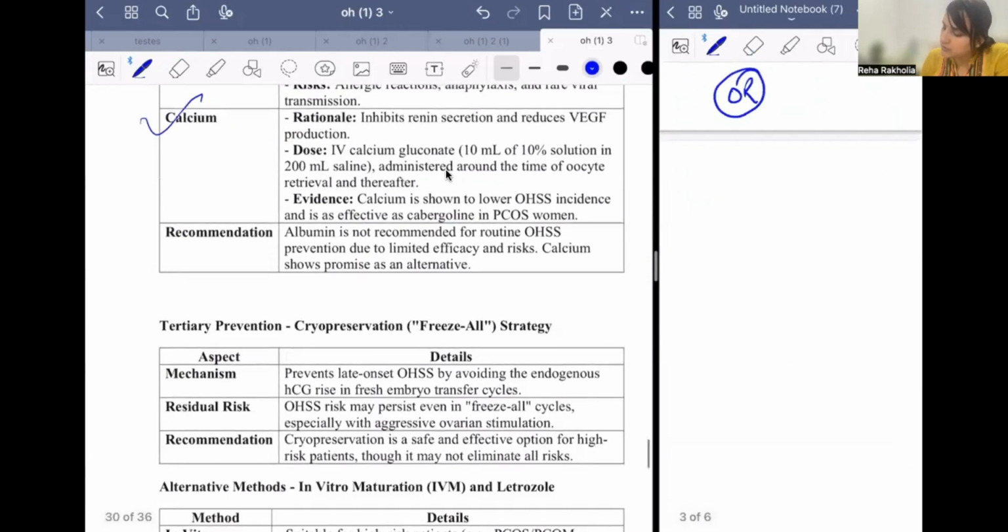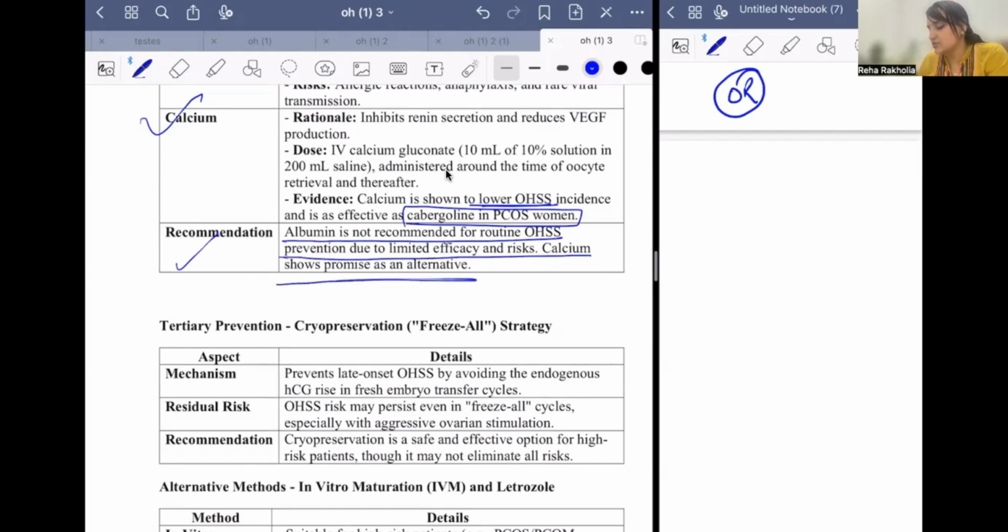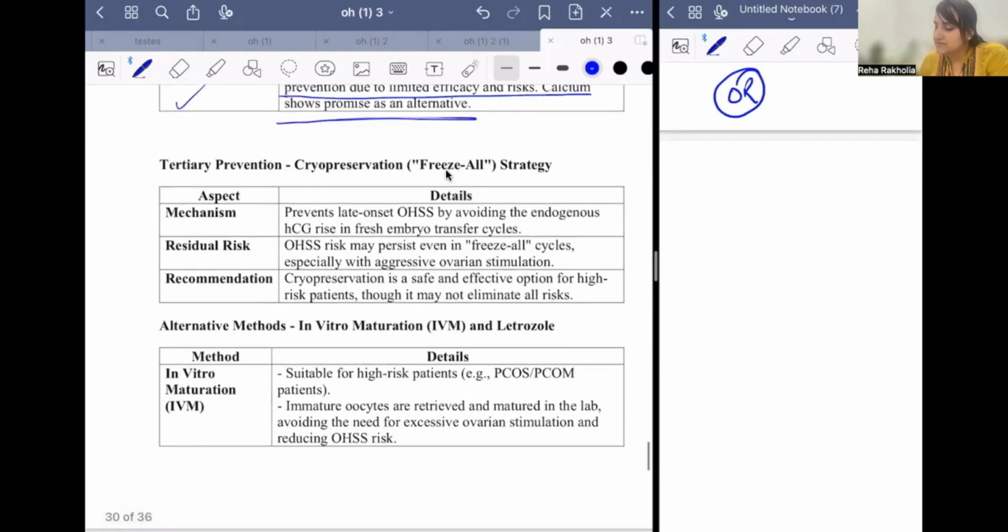Calcium is shown to lower OHSS incidence and is as effective as cabergoline in PCOS women. Recommendation: albumin is not recommended for routine OHSS prevention due to limited efficacy and risk. Calcium shows as a promising alternative.